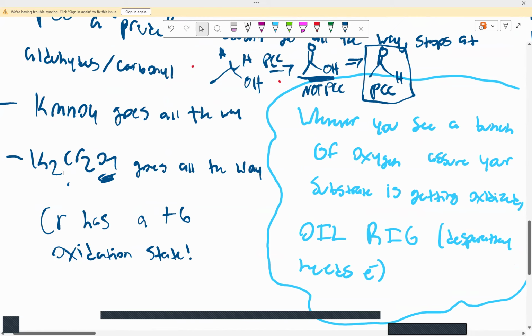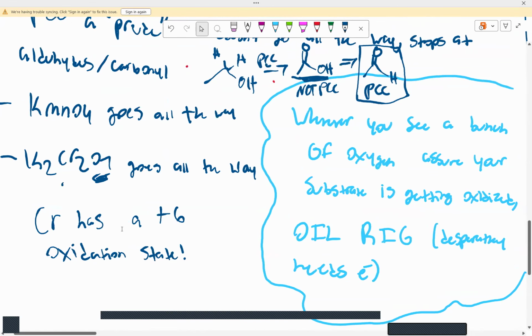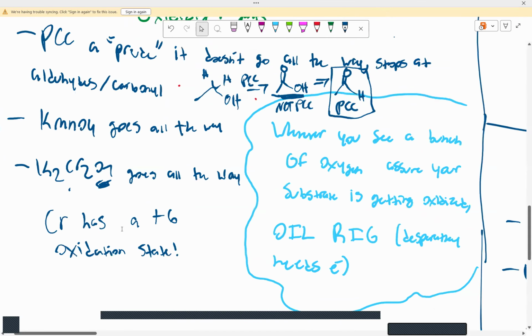In this case, K2Cr2O7, chromium has a +6 oxidation state. That's really, really high. So it desperately wants electrons in order to satisfy that and to make the oxidation state go down at least.